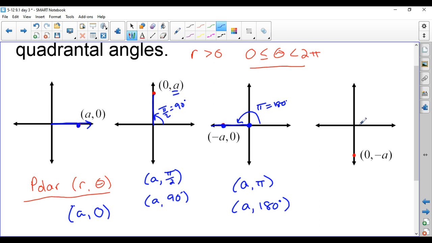And then the last example, if I go down to the negative y-axis, that rotation is 3 pi over 2, or 270 degrees. And again, the distance from the origin to 0, negative a is the absolute value of negative a, which is a. So my r is a, and my angle is 3 pi over 2, if I'm in radians, or my angle is 270 degrees.